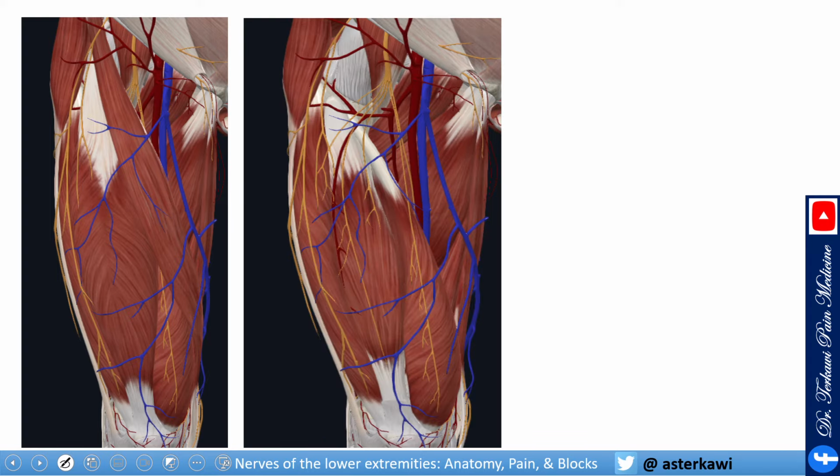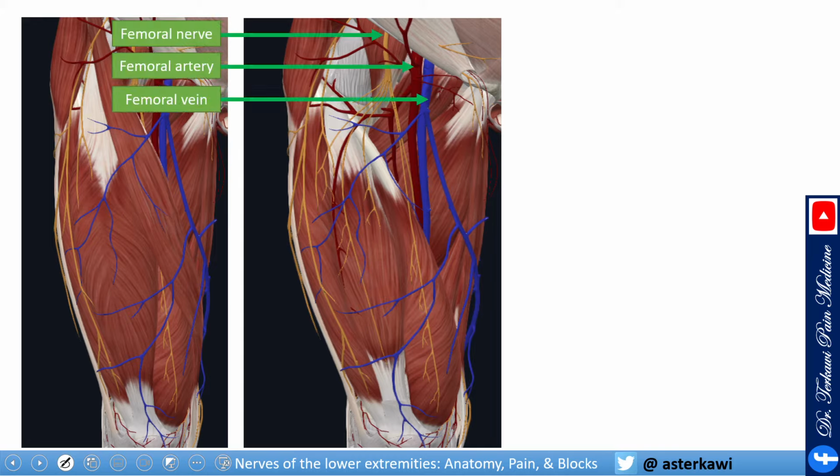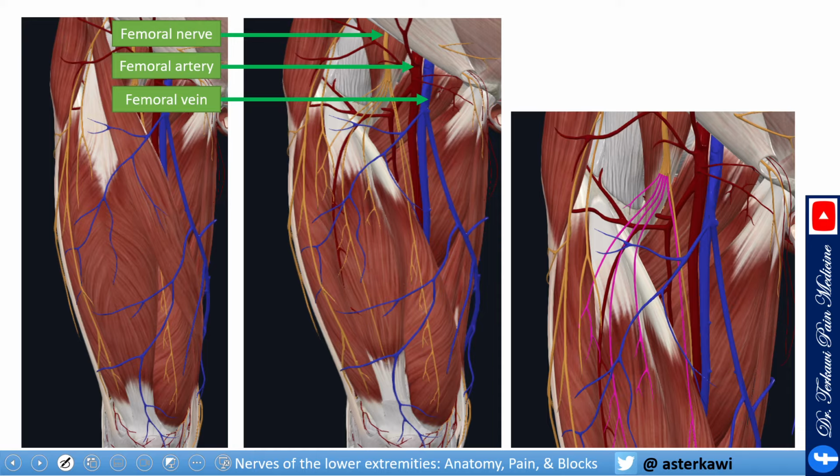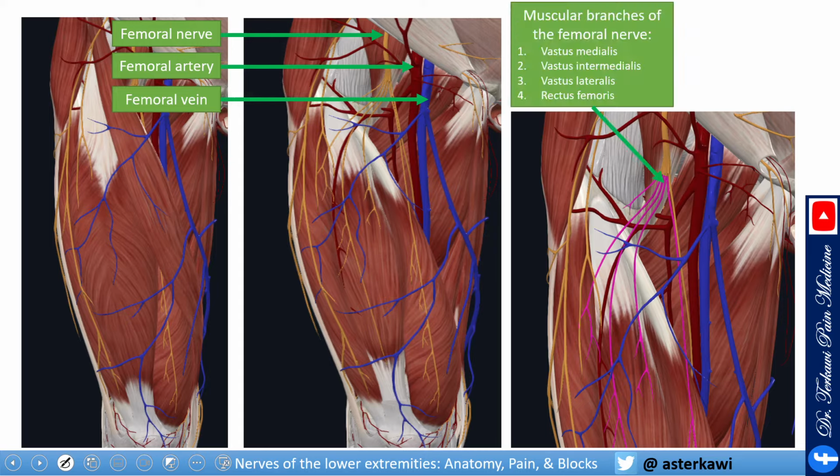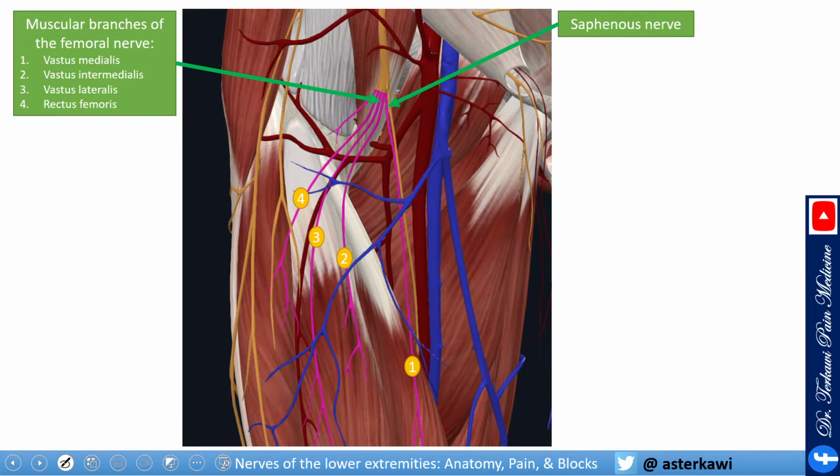Here we start to look at some vessels. Here is a bigger magnified picture. So you see the femoral nerve, the femoral artery, and the femoral vein. It's VAN, V-A-N, starting from lateral to medial. And here, more zoomed in, we see the femoral nerve start to branch and give the muscular branches and the saphenous nerve.